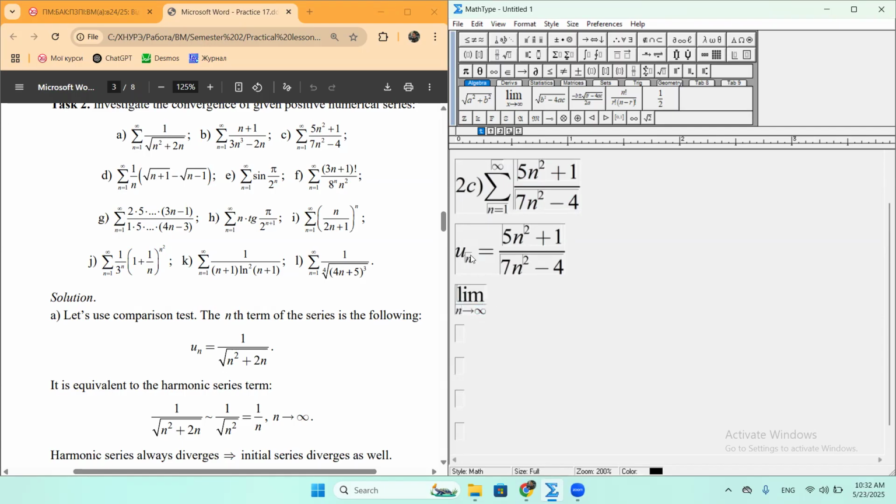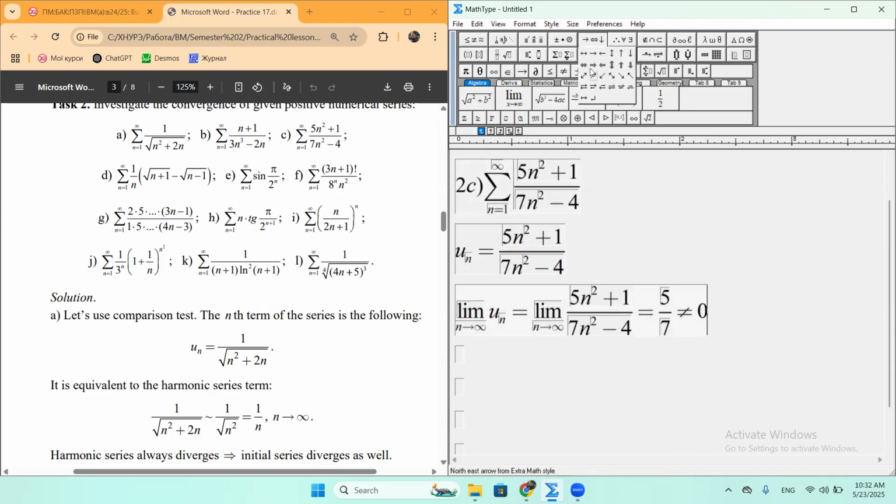The necessary condition of convergence: the limit of the nth term must be equal to 0. Let's calculate the limit of the nth term here. It will be equal to 5 over 7, and it is not equal to 0. So we just used the divergence test. According to this, the initial series is divergent.